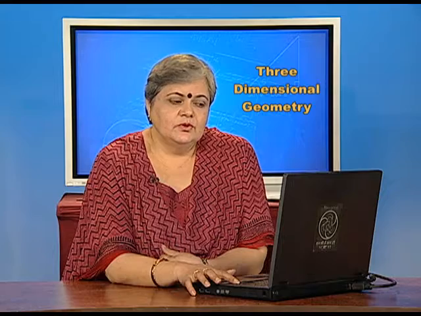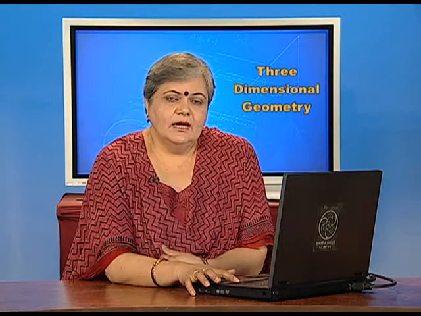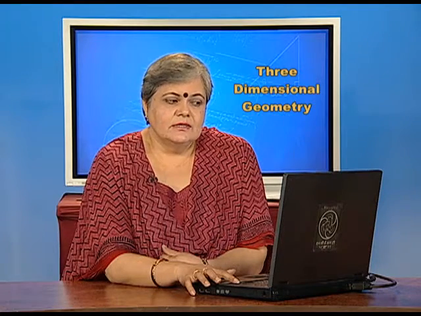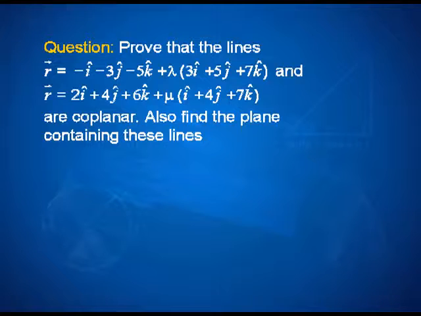It is a simple to use property that comes in handy. If you look at our problem here, that is exactly what it requires. We want to prove that the lines vector r equal to minus i cap minus 3j cap minus 5k cap plus lambda times 3i cap plus 5j cap plus 7k cap, and the vector r equal to 2i cap plus 4j cap plus 6k cap plus mu times i cap plus 4j cap plus 7k cap, are coplanar.